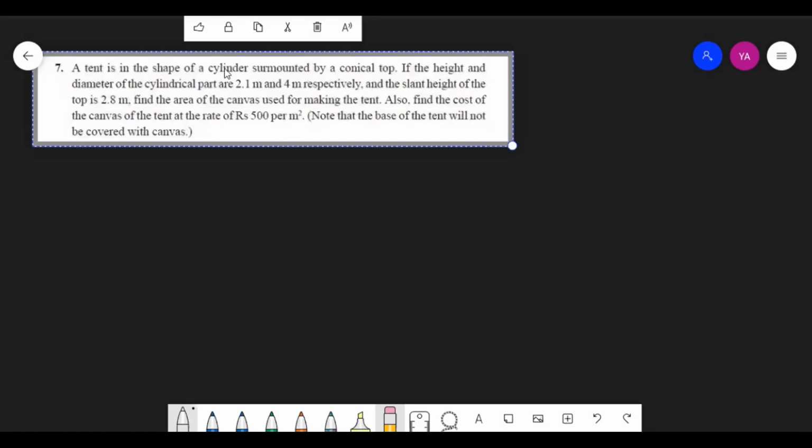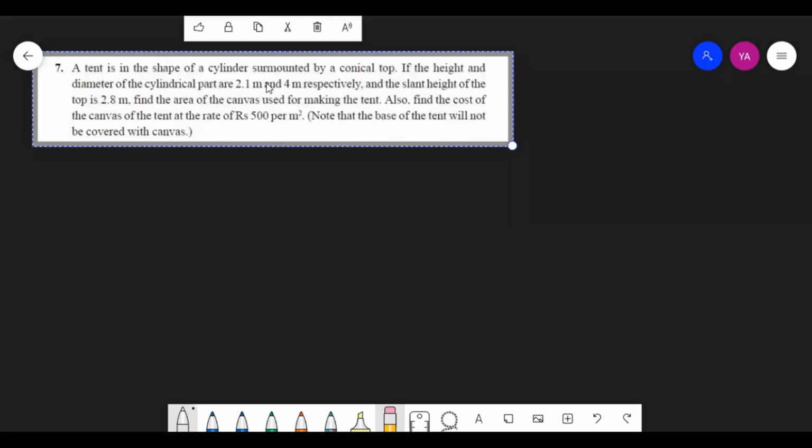If the height and diameter of the cylindrical part are 2.1 meter and 4 meter respectively, and the slant height of the top is 2.8 meter, find the area of the canvas used for making the tent. Also find the cost of the canvas of the tent at the rate of Rs 500 per meter square. Note that the base of the tent will not be covered with canvas, that we all know.